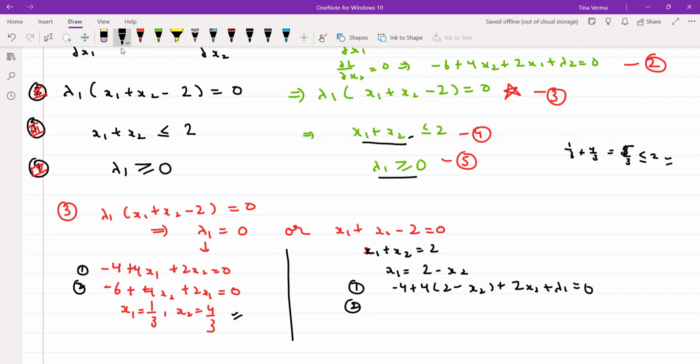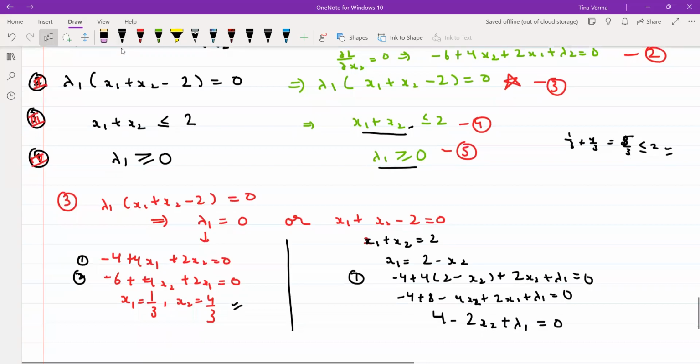And if you put it in the second and solve this equation, this is coming out to be 4 minus 2x2, plus lambda 1 equal to 0.